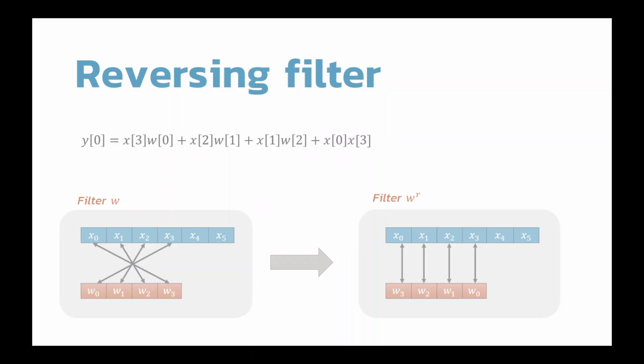So the original way of doing the convolution is to do it this way. It's going to be the cross multiplication. But the way that we are going to do it in our machine learning model is we're going to reverse the order of my W matrix or the kernel, such that when I do the multiplication, the index, the location, actually matches like this, which is easier to do the coding.